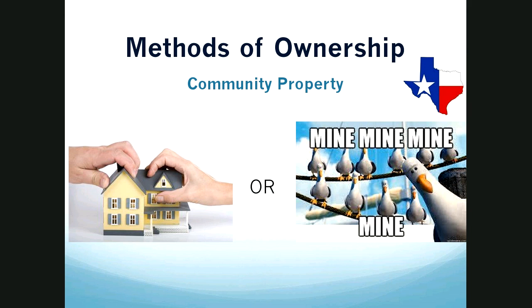So this battle or decision making on what is separate and what is community is important for real estate and for really family law, because that's where it comes into play. And trying to determine, is it community or is it separate, is called characterization.